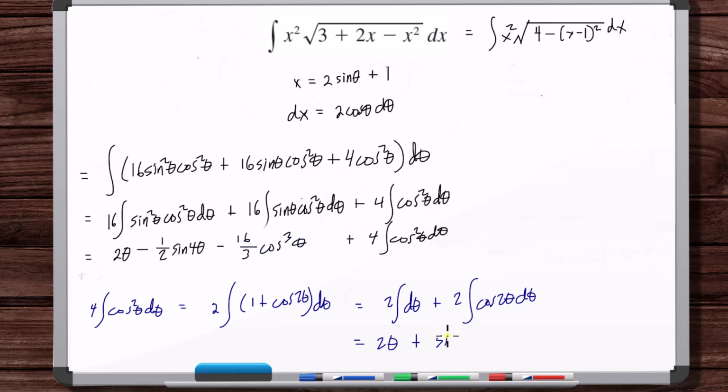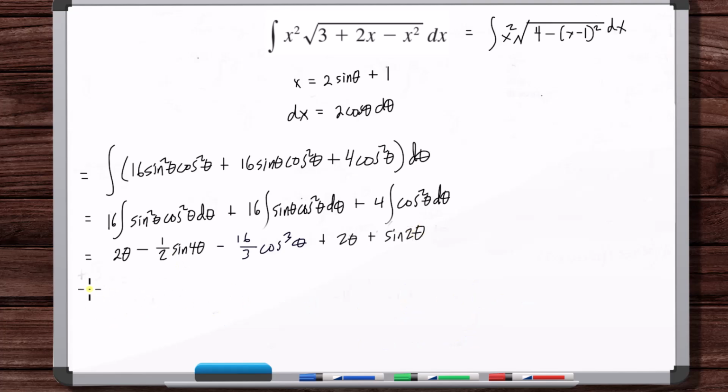So this is just going to be sine 2 theta. Okay, so 2 theta plus 2 theta is 4 theta. Then minus 1/2 sine 4 theta plus sine 2 theta minus 16 thirds cosine cubed theta plus c.